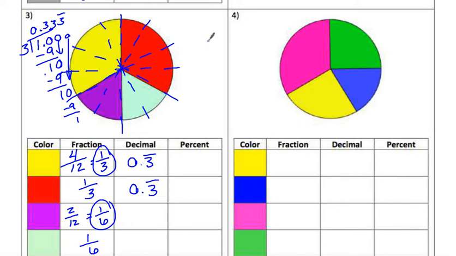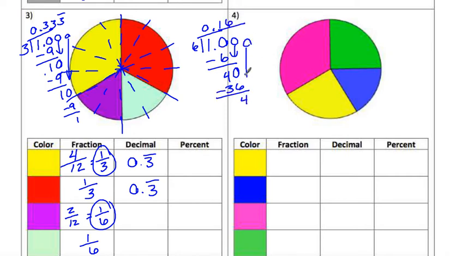And if I do the 1/6, oops, wrong way. 6 goes into 10 one time. 4, bring down 0. 6 goes into 40 6 times. 4. I see a pattern starting to happen.